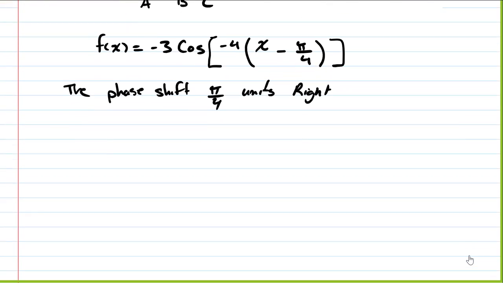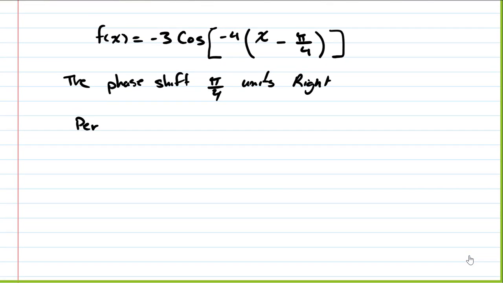and our period is going to be 2 pi divided by b, and our b is -4. That gives us pi divided by 2 in absolute value.